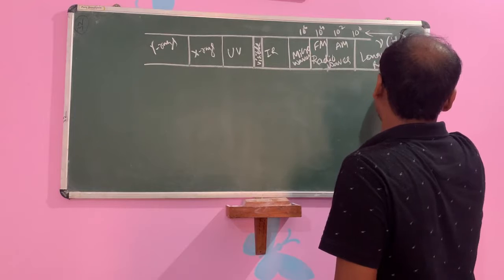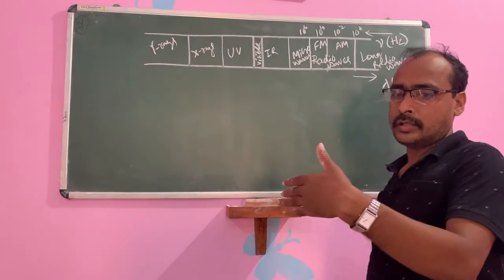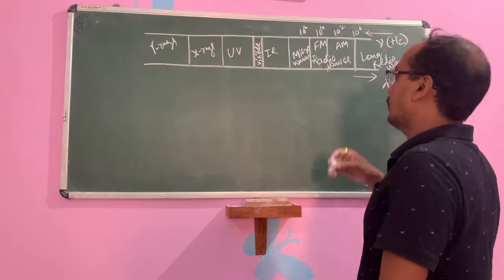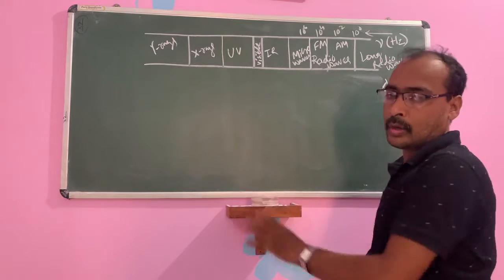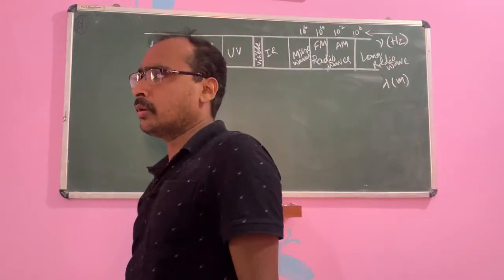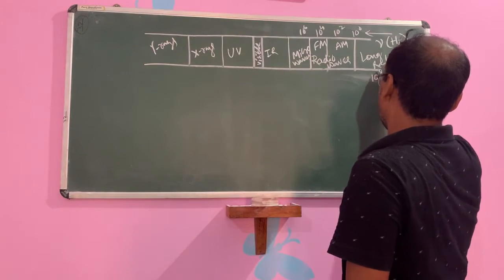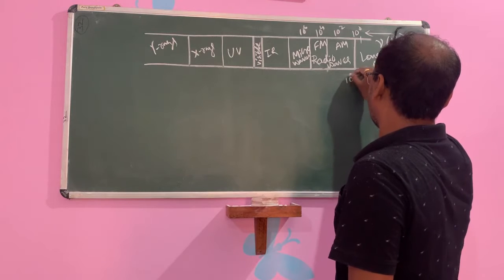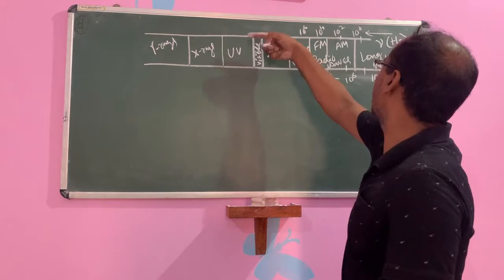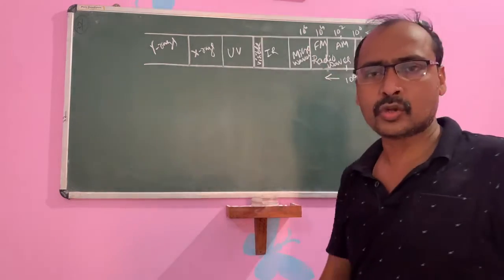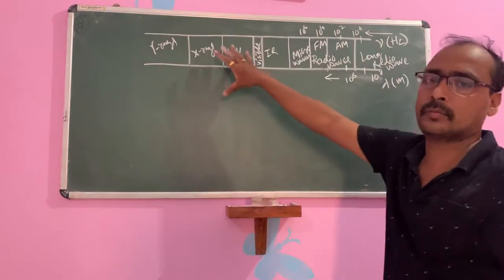Similarly, wavelength in meter: in this direction it decreases, in this direction it increases. Suppose wavelength is 10 to the power 8, 10 to the power 6, like this. Increasing frequency, decreasing wavelength. The electromagnetic radiations are arranged in such a way. This is known as the electromagnetic spectrum.